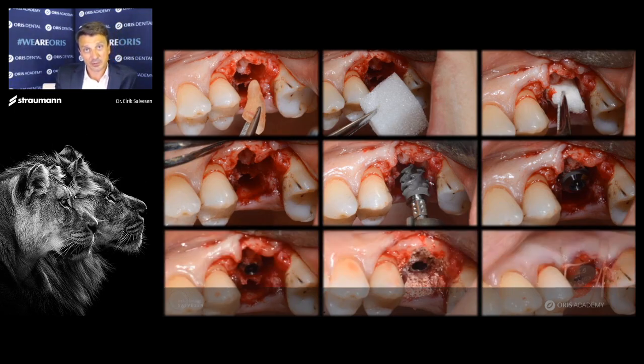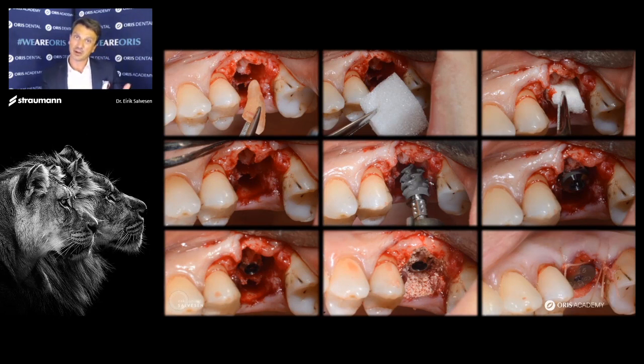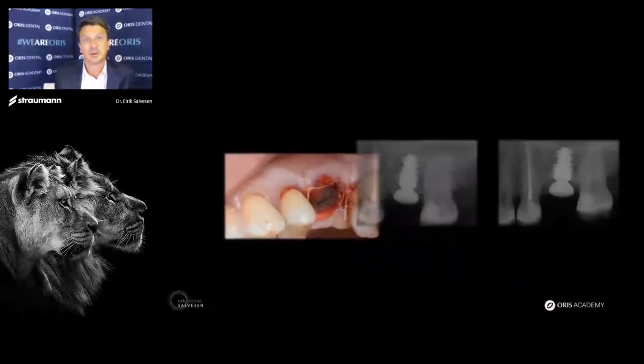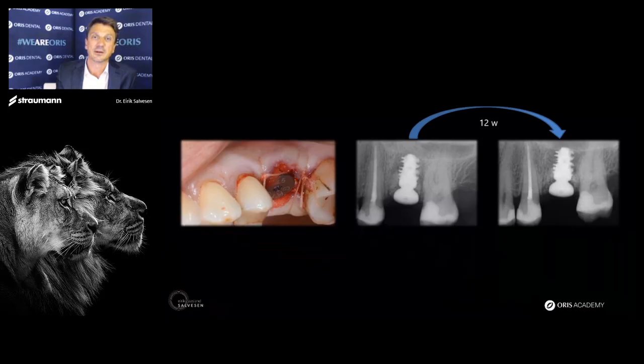After adjusting, going a little bit back and forth, I'm able to place the implant in the vertical position that I would like. And then I'm closing the gap with biomaterials. I'm using a wide diameter healing abutment to close the soft tissue, and then I suture. And then it's going to look like this.